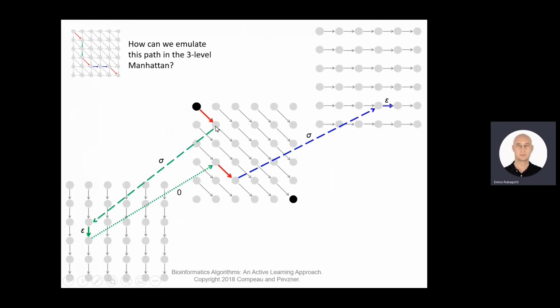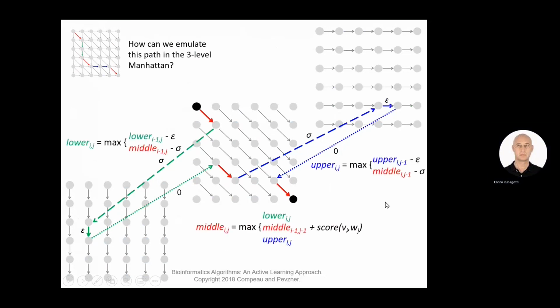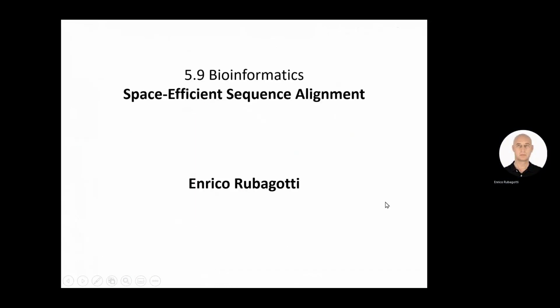The first arc is from this point to this point, and the second arc from this point to this point. Okay? I come back to this point because this is the diagonal one, and I go to the end. Now, I show you what is called a three-level Manhattan graph.